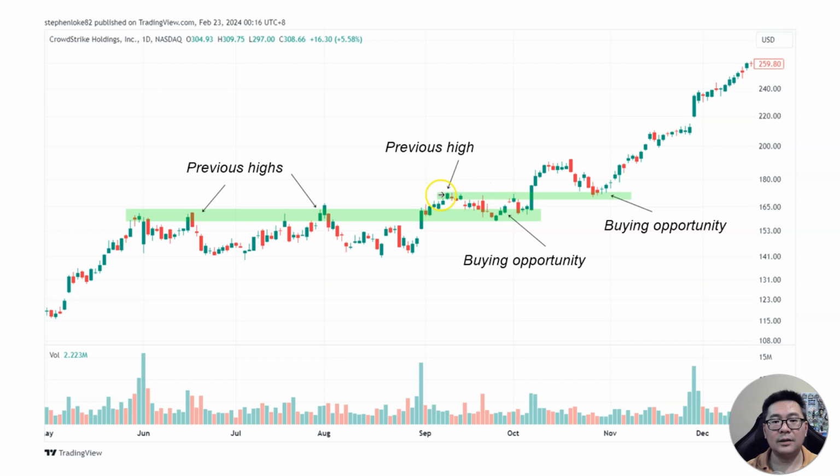This previous high becomes a new area of support, and when the stock declines to here, forms dojis and a bottoming tail, this tells us that bearish momentum is slowing down. Traders can buy here and ride it higher. So these are excellent opportunities, buying areas for traders to buy the stock.